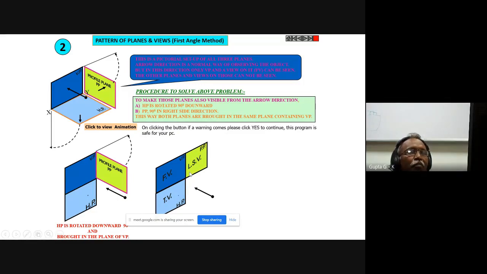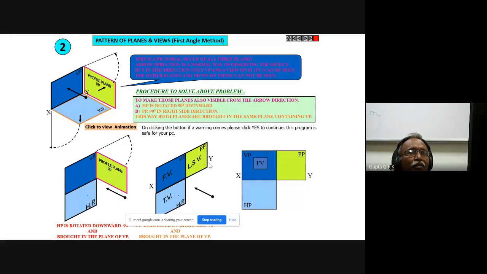like this. Okay, so this is XY. Okay, this is the way it comes when it is in the first angle projection. So front view above XY, top view below XY, and left side view comes to the right side of the front view.